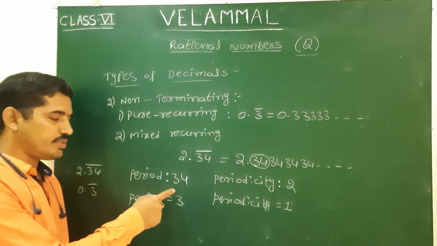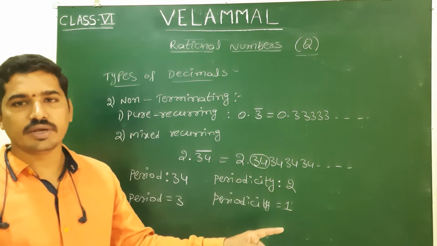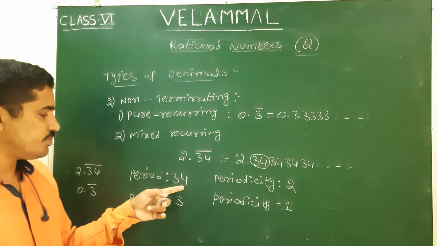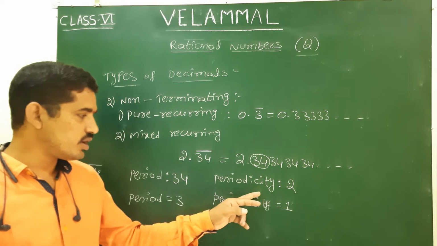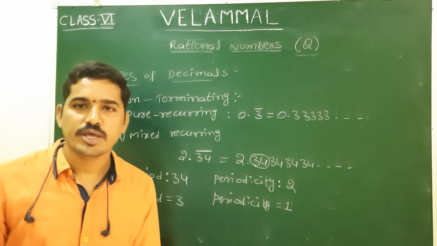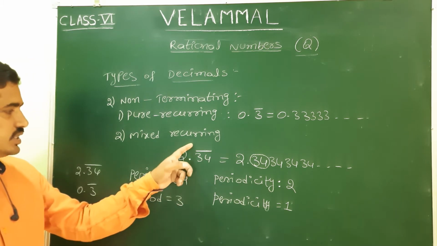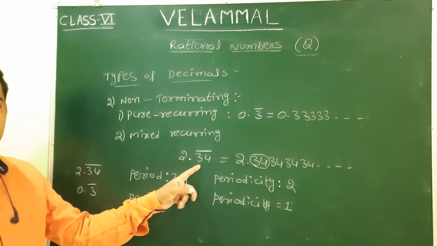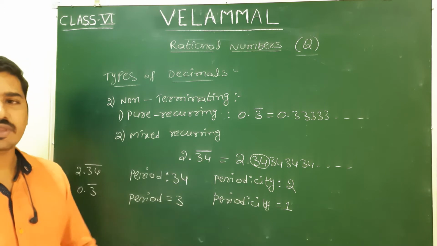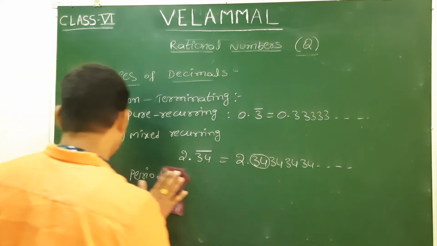And the periodicity is how many digits are repeating. Now, depending upon the periodicity, we will write the given repeating decimal into fraction form. That is, fraction is nothing but rational number form.